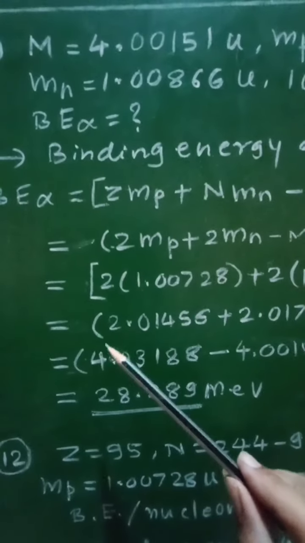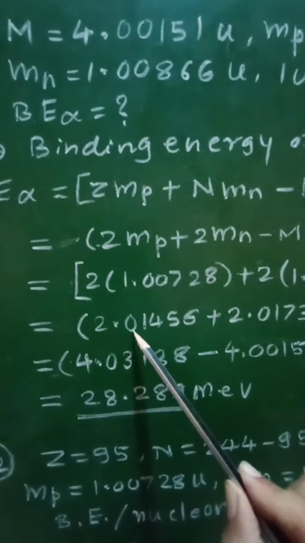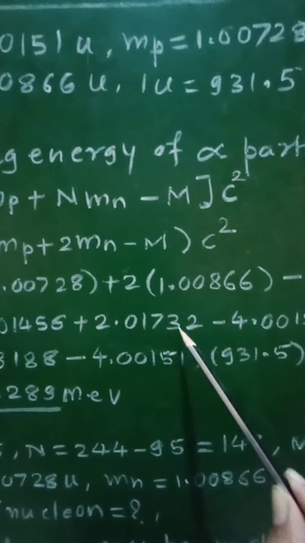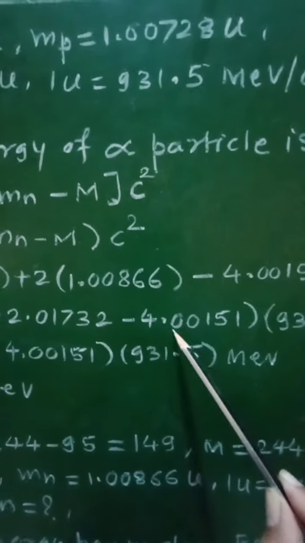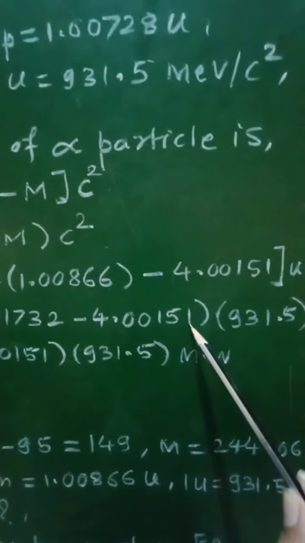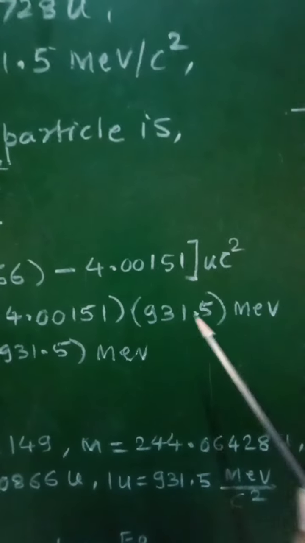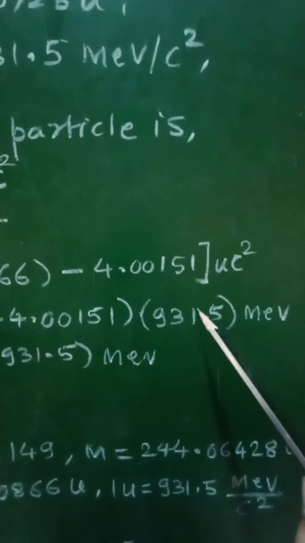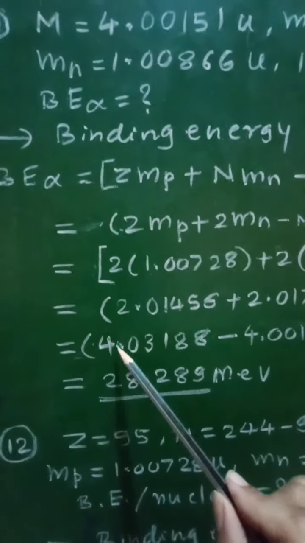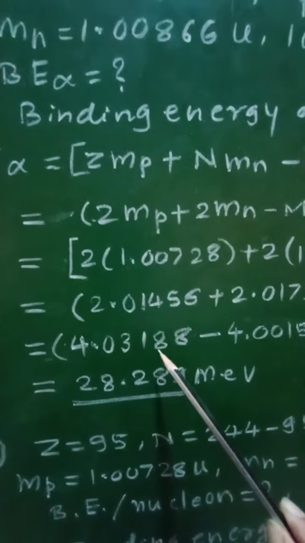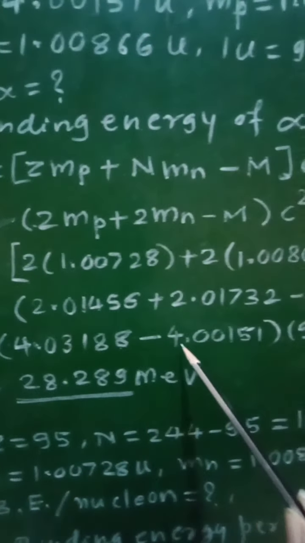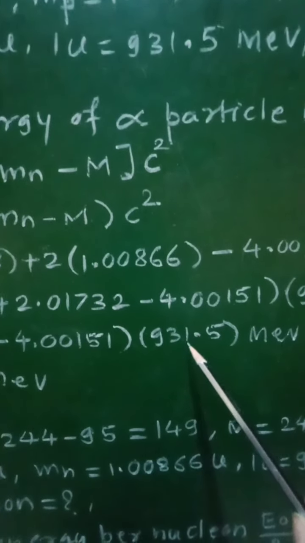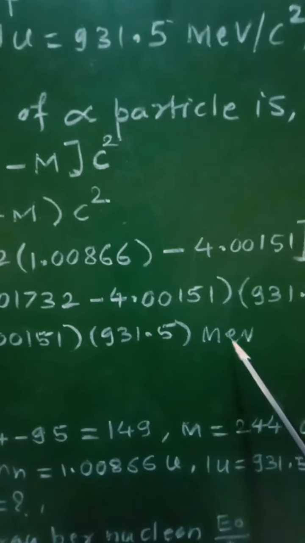which will be written as 2.01456 plus 2.01732 minus 4.00151 into 931.5 mega electron volt, and therefore this will be equal to 4.03188 minus 4.00151 into 931.5 mega electron volt.